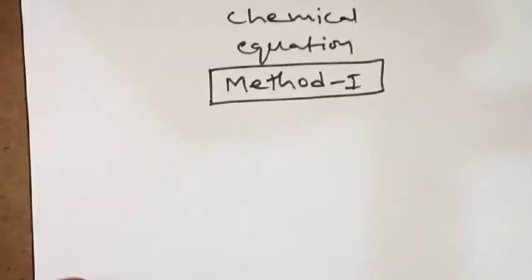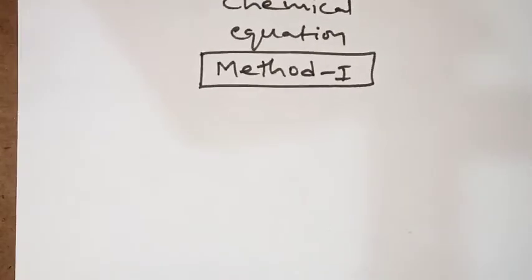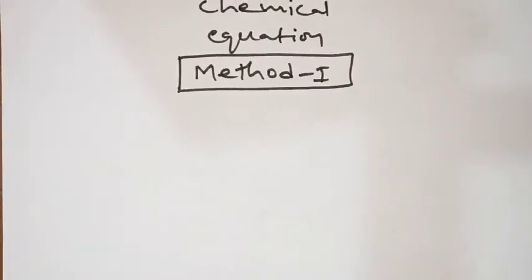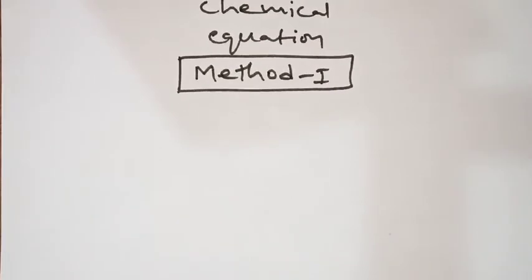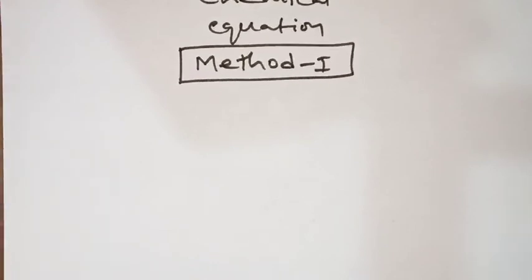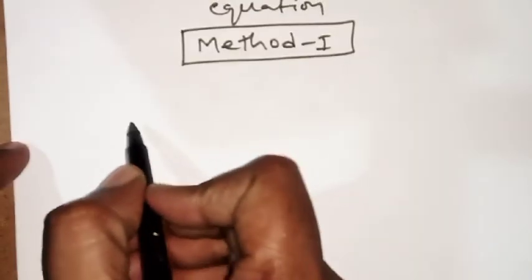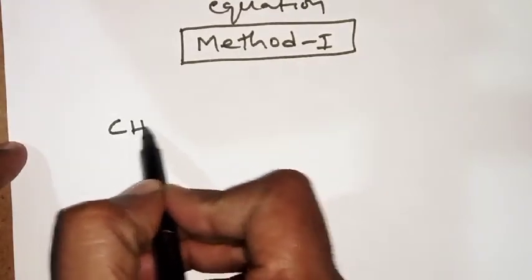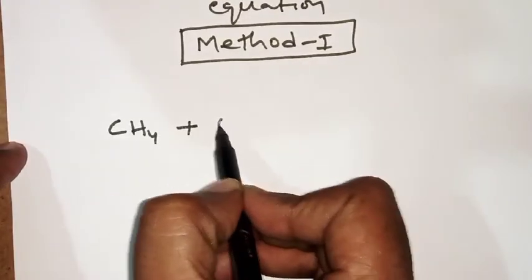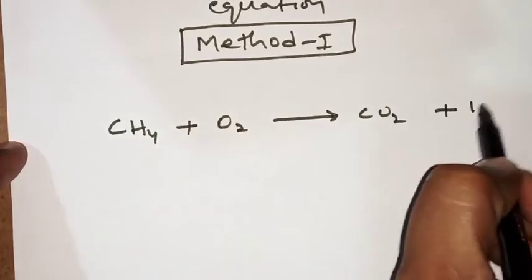The first method is for hydrocarbons. We are dealing with hydrocarbons repeatedly in many topics, so definitely there is a combustion reaction in that. If you take CH4 reacts with O2, it forms CO2 and gives H2O.